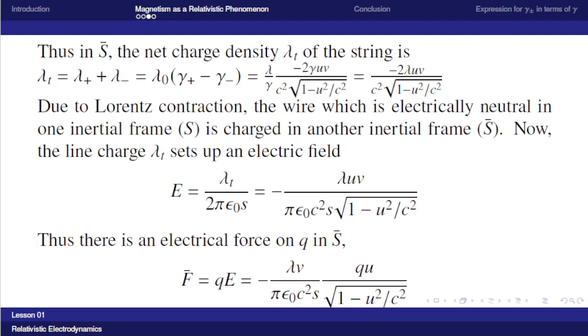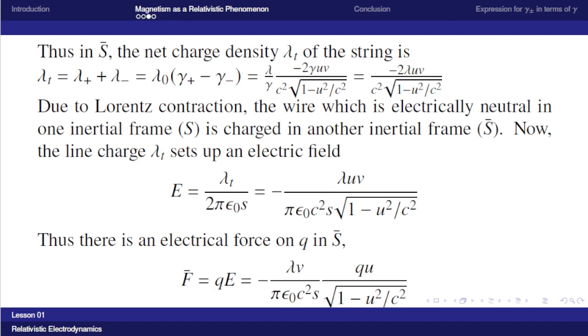Now in the second frame S bar, due to the Lorentz contraction, the wire which is electrically neutral in the first frame is now charged in the second frame. Now the line charge lambda t sets up an electric field. It is an infinitely long wire, so the electric field is 1 by 2 pi epsilon 0 lambda by s. So here lambda t by s.